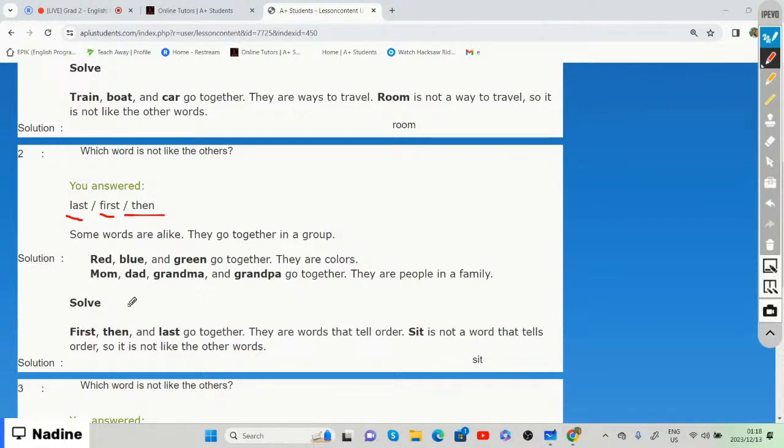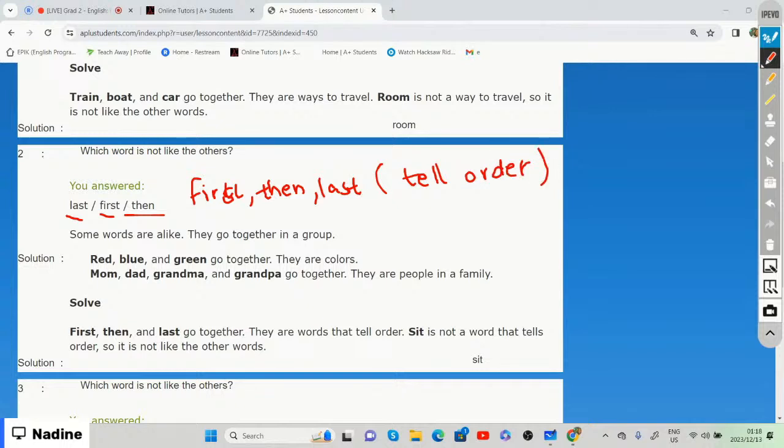And if we put it in order, then it is basically first, then, last. And these are words that actually go together, right? And they go together because they are words that tell order.